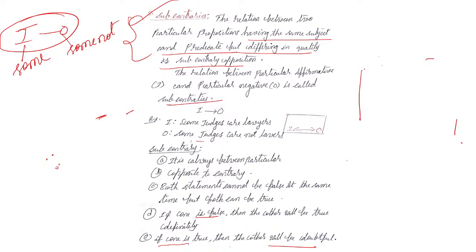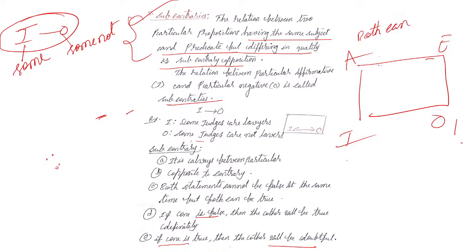Here, see A, E, I, O. In contrary, both cannot be true, but both can be false.